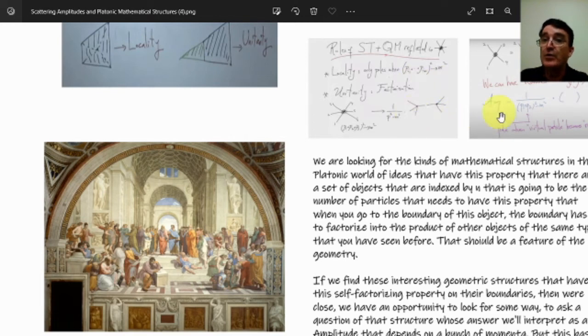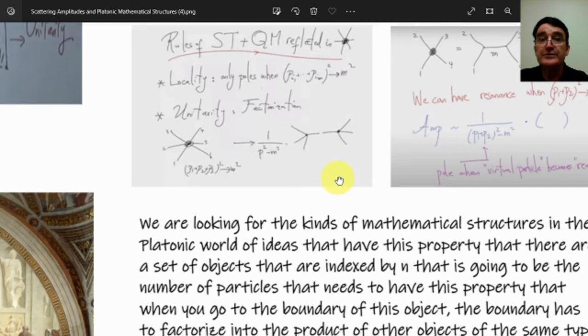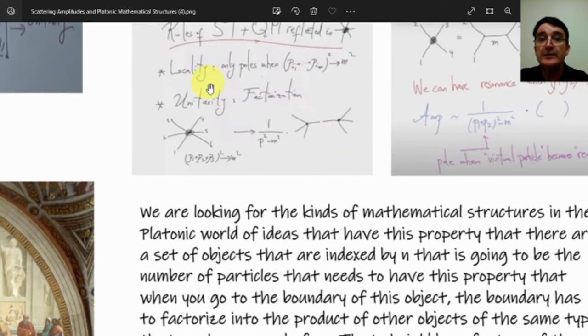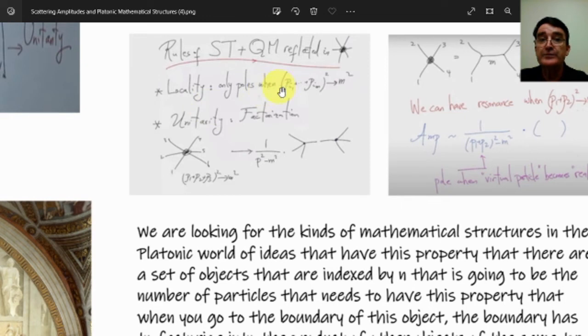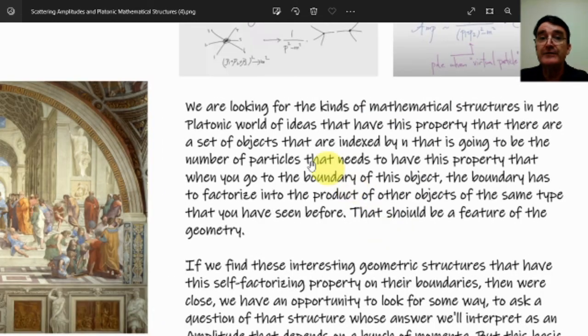We get a pole, and the virtual particle becomes real, and then we see that there's this factorization into two lower point amplitudes. So again, locality means only poles when a subset of the momenta go on shell, and unitarity is this factorization. And that's what he's looking for in the Platonic world of ideas, he says.